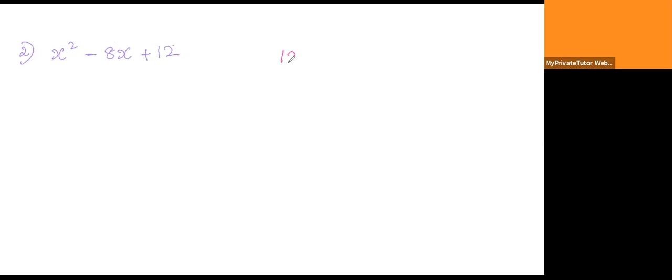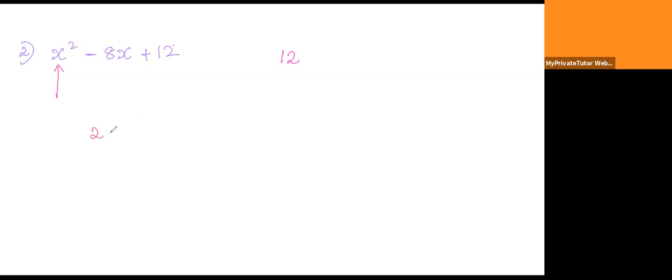We are going to pick the 12 here. Why do we need to factorize things? To make it simpler, to find the value of x, and also to simplify the expression, to simplify this quadratic function. So we are going to factorize.